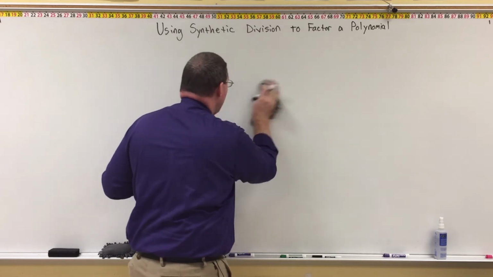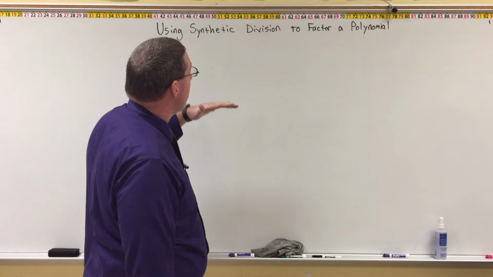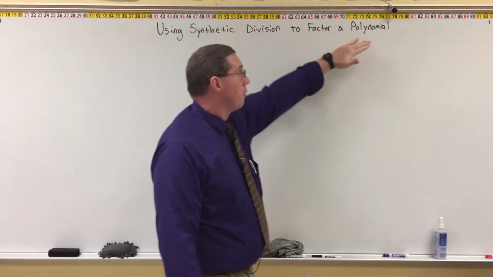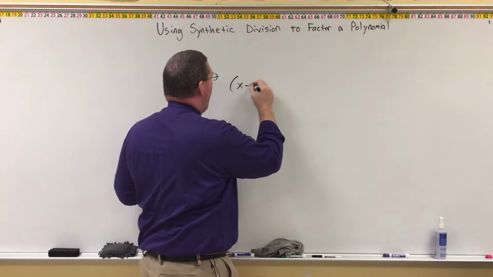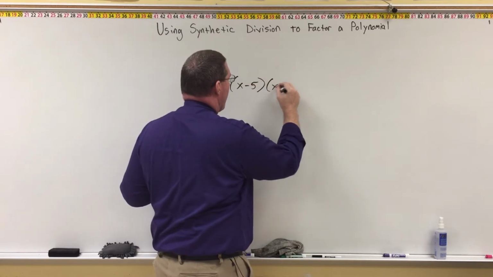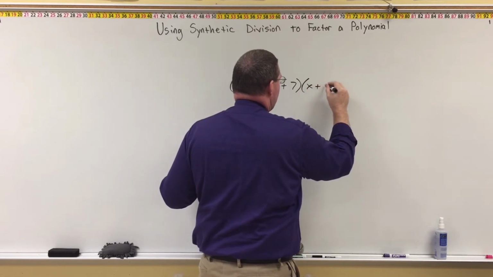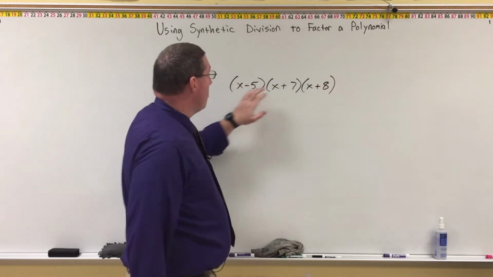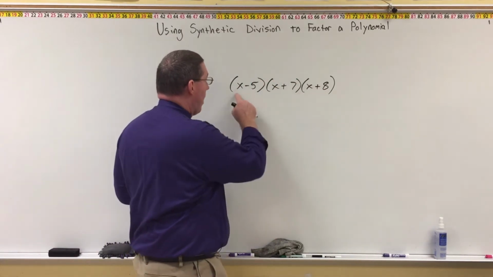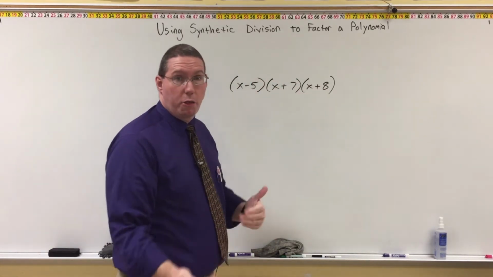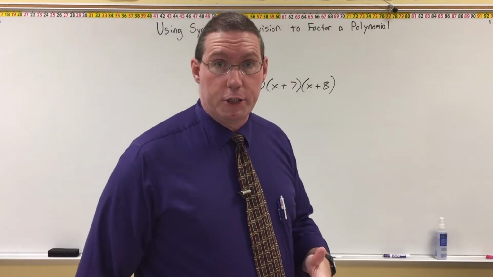Okay, so now, instead of factoring a number, we're going to factor a polynomial. Let's say that we had the polynomial x minus 5 times x plus 7 times x plus 8. Now, if we were to multiply this out, it would be a third power polynomial, because x times x times x is x to the third power. You would not like factoring that very much.